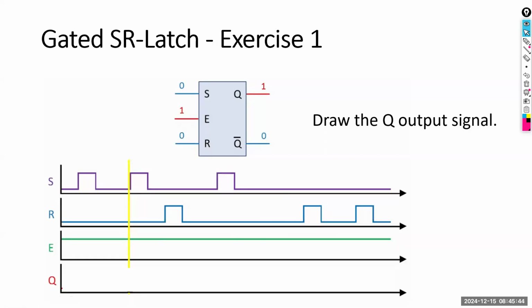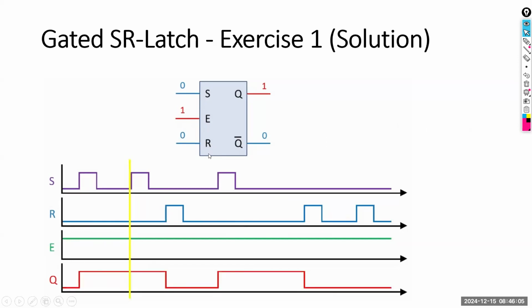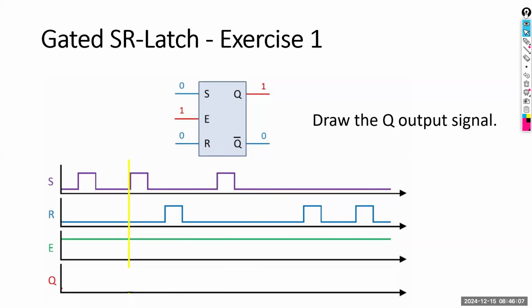Right, do this as exercise. So this is SR latch with enable. Draw the Q output here. Your task is draw output here. I'll give you 2 minutes because you need to draw this. You need to draw this one, then this one, and this enable is always one.